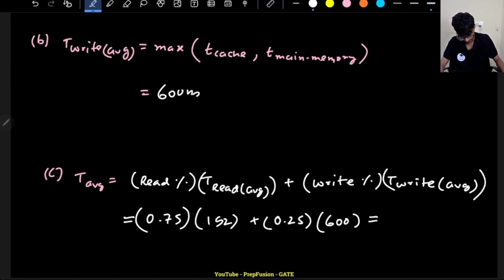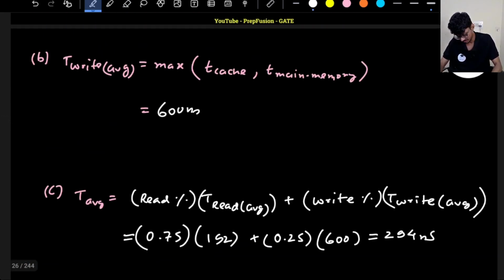So this will be equal to 0.75 into 192 plus 0.25 into 600. So this will be 294 nanoseconds. So 294 will be the average access time.